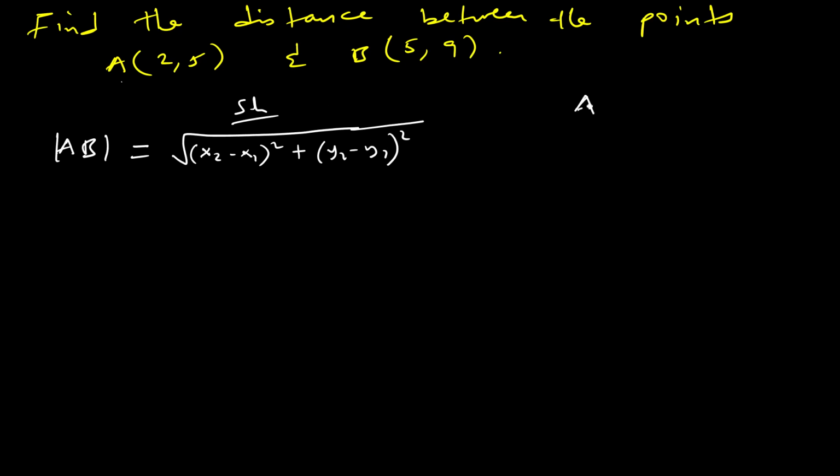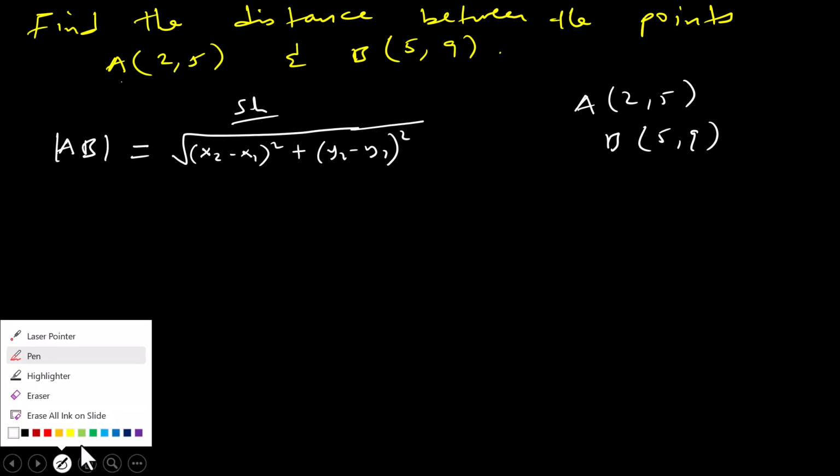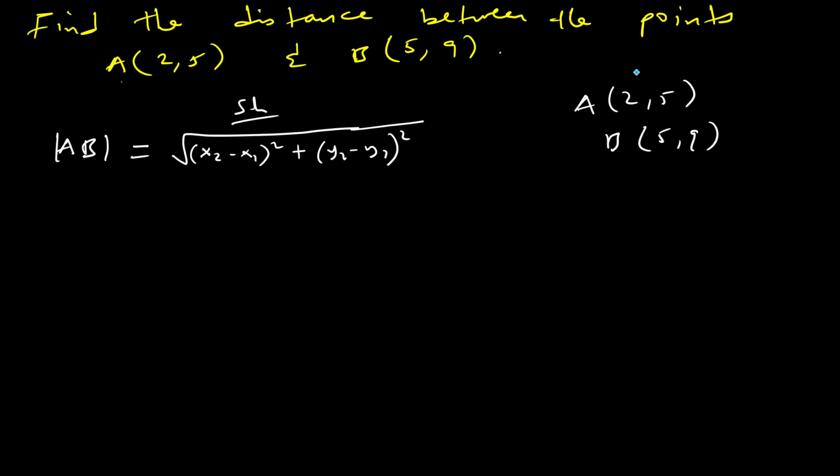Let's write down our points, (2, 5) and (5, 9). Let's label our points: call this x1, y1, and call this x2, y2.